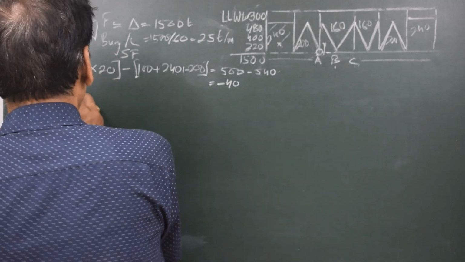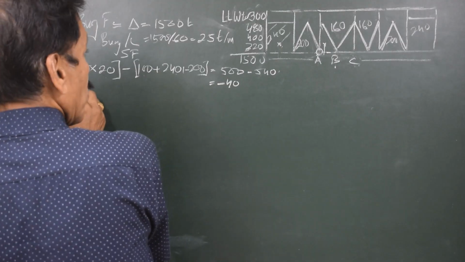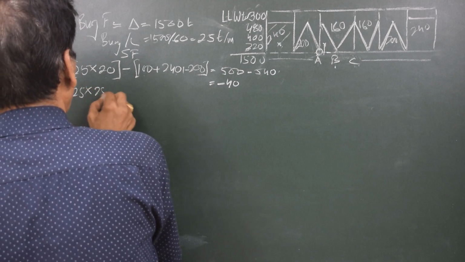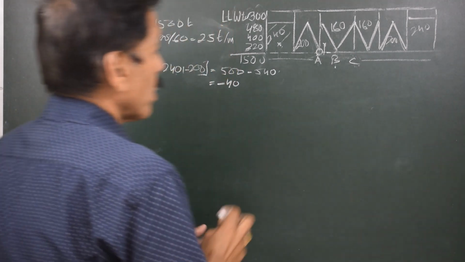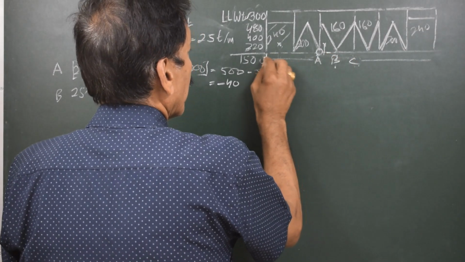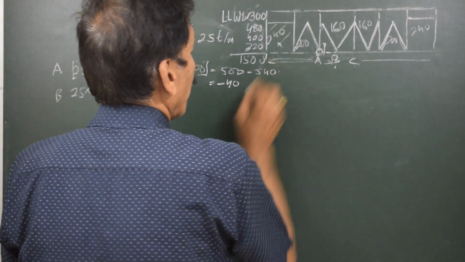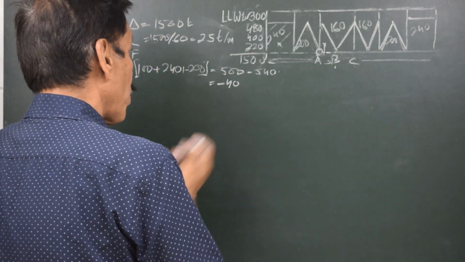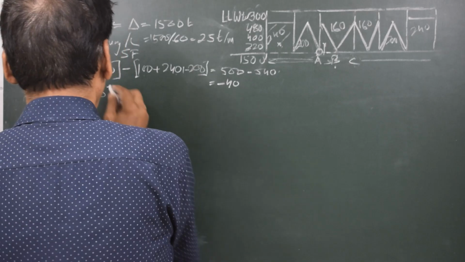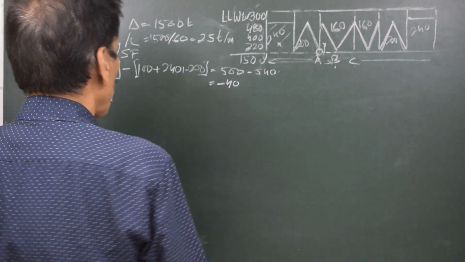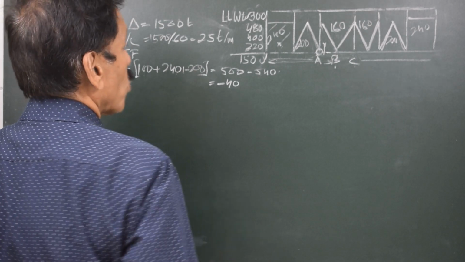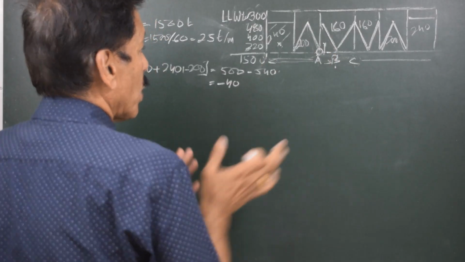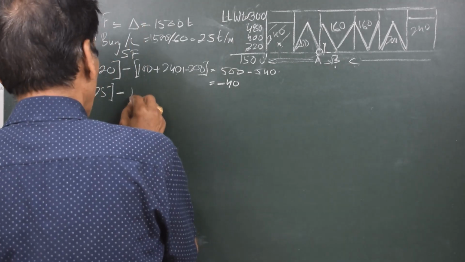Similarly, let's find out shear force at B. Shear force at B is going to be 25 multiplied by 25, because up to here the distance till B from the forward end is 25 meters. 25 tons per meter is buoyancy force. So total buoyancy force upwards is 25 into 25, that is 625. And downward force is going to be caused because of this 25 meters of the ship, which is 5 tons per meter, so 125.